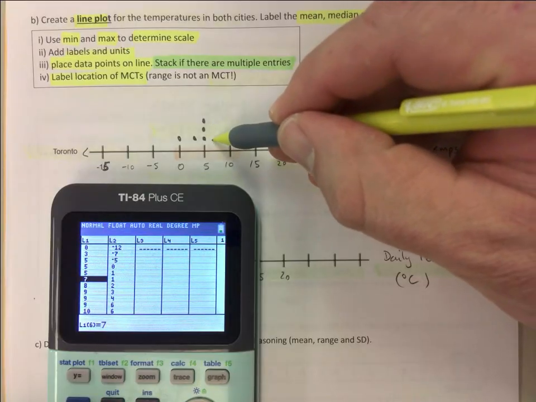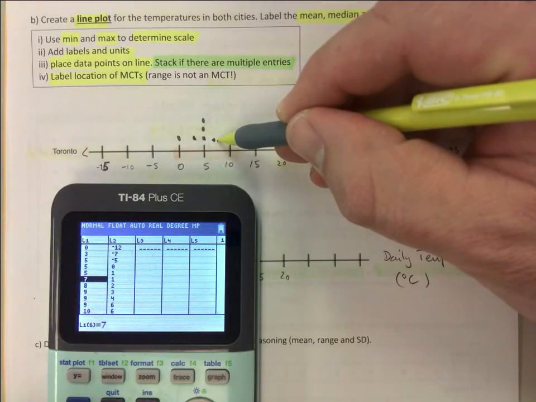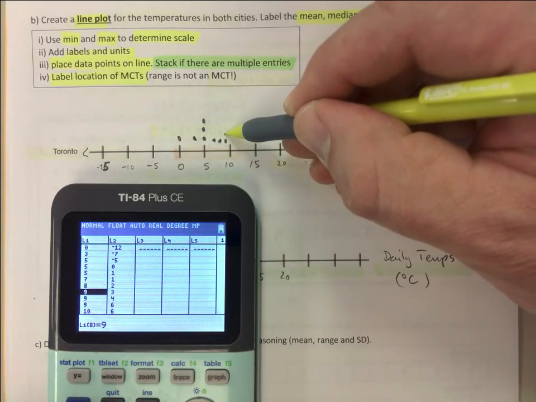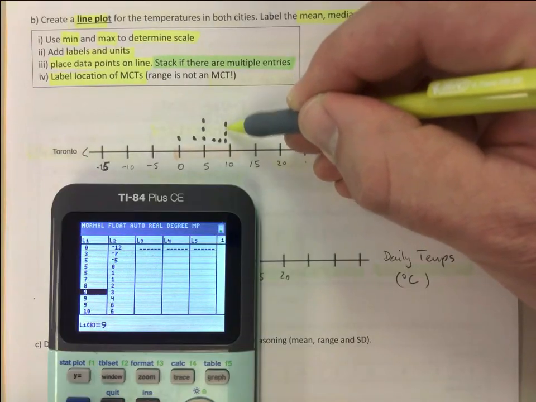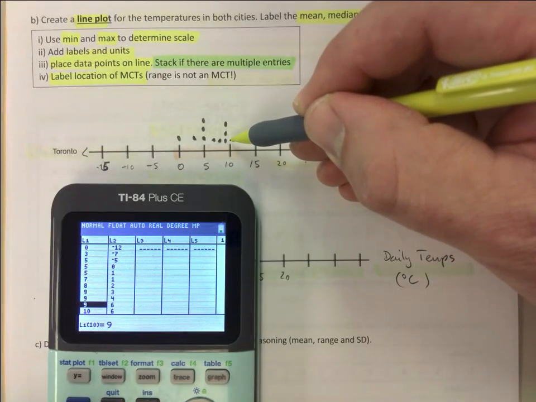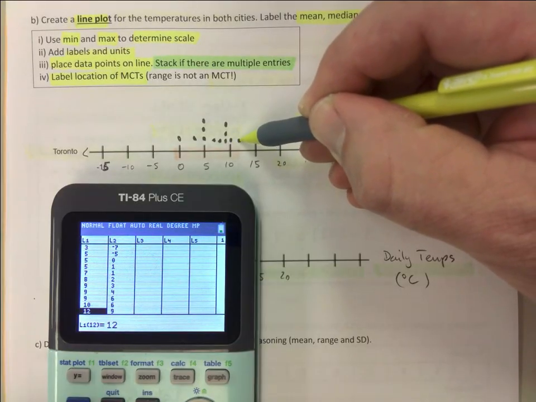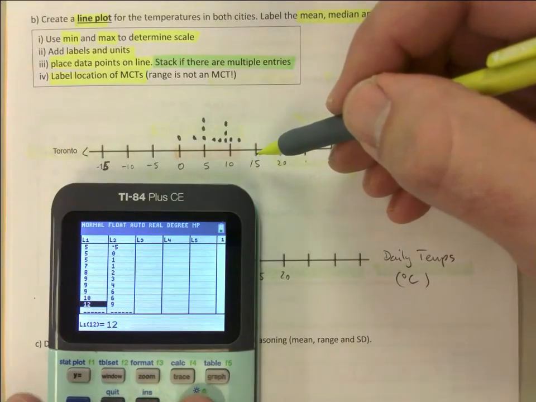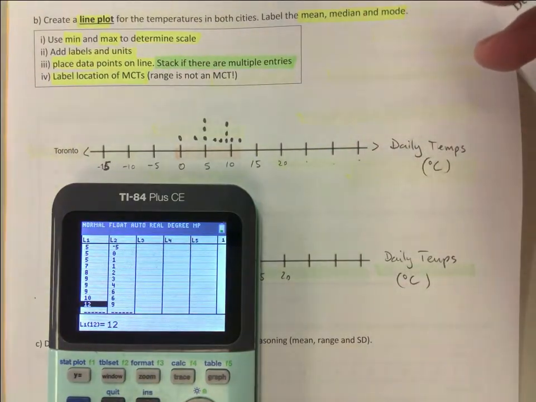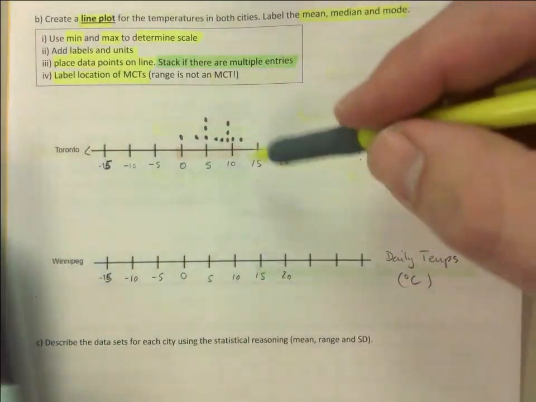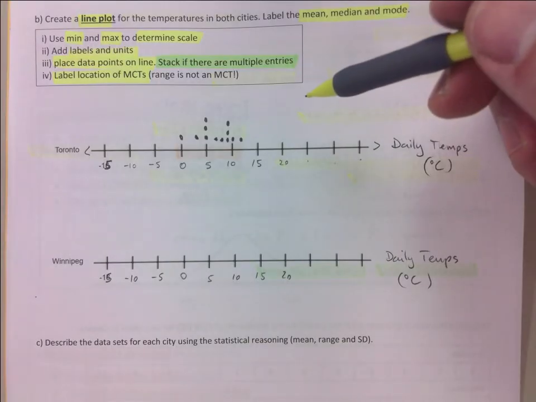Then you have 7, 8, 9, and you've got 3 9s, right? So I would want to see the stacking. Then at 10, then at 12, and you're done. Okay, for Toronto, that is your line plot. I could have done a better job at my scale, but this makes sure it fits, and that's what matters most.